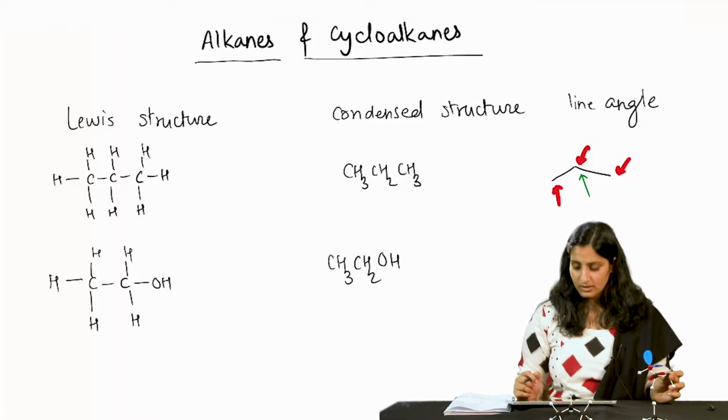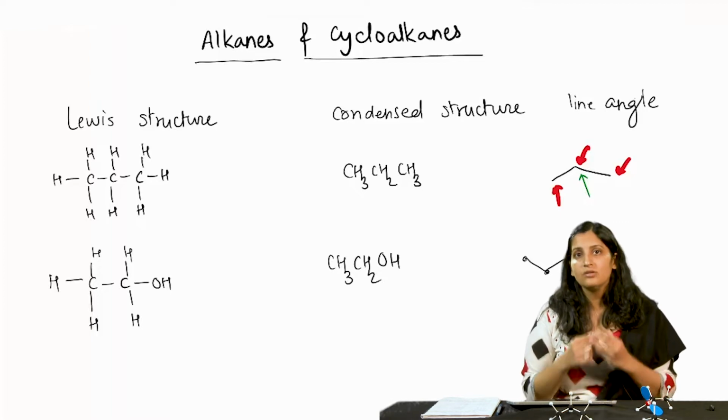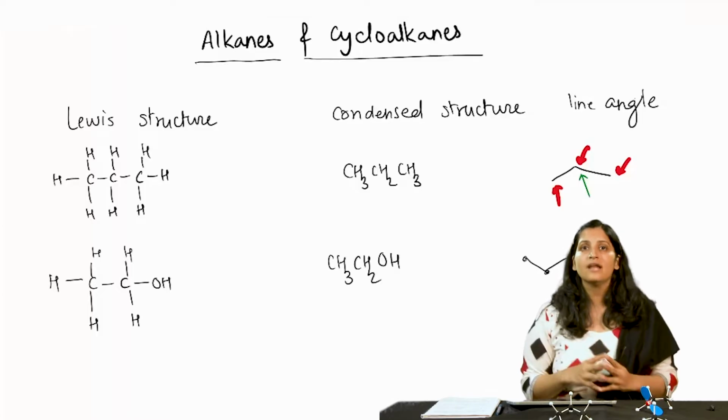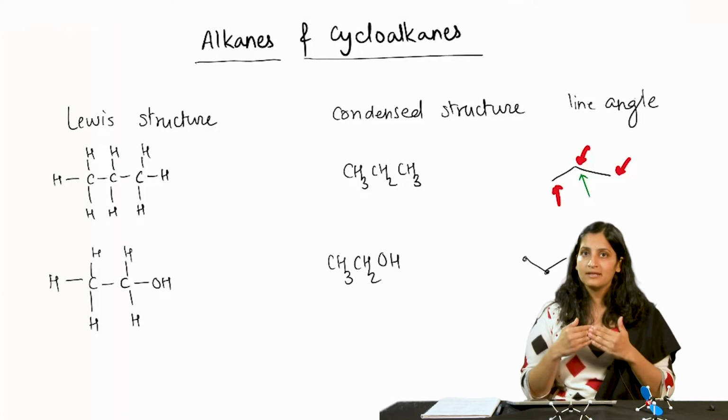So, condensing it together, and in order to draw the line angle structure, we will represent it something like this, wherein each of these vertices is again a carbon and there is an OH attached to one of the carbons. So, if we go on writing now the Lewis structure, the condensed structure and the line angle formula for the first 10 alkanes, it would look something like this.